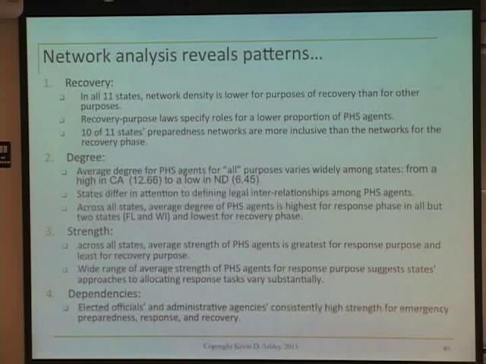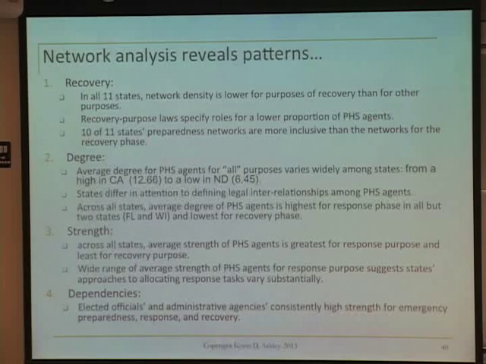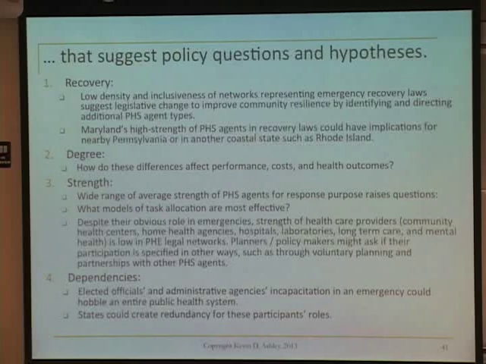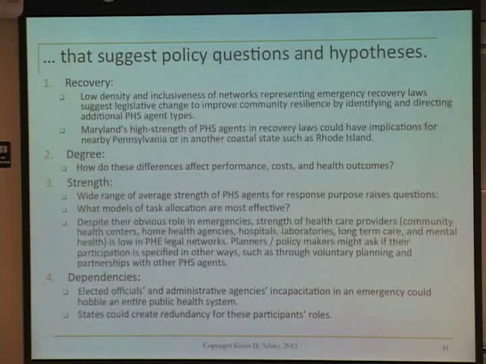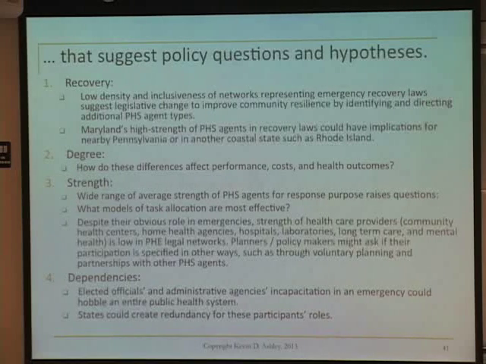And these patterns, which are evident in these visual representations on close inspection, suggest policy questions and hypotheses to check out. So with respect to recovery, for example, low density and inclusiveness of the networks representing these emergency recovery laws suggests the legislative change to improve community resilience by identifying and directing additional public health system agent types.